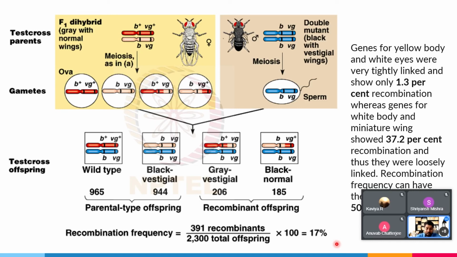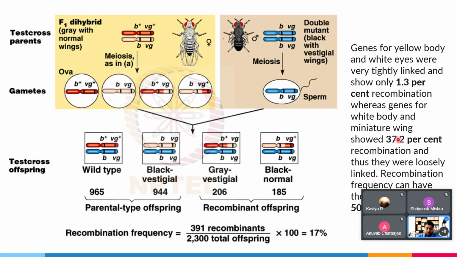So here is where the concept of linked genes comes into place. What linked genes tell us is that particular genes might be very close to each other, and when they undergo meiosis and crossing over, it can happen that they cross over together or do not cross over at all. They are so close that if one crosses over, then the other will also cross over. And this is indicated using the recombination frequencies.